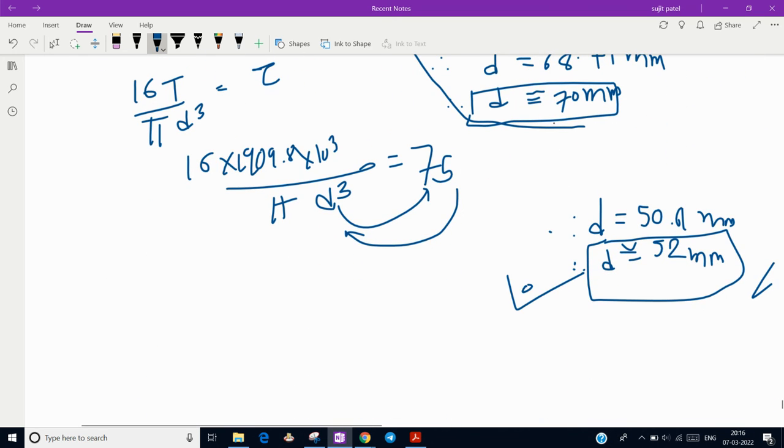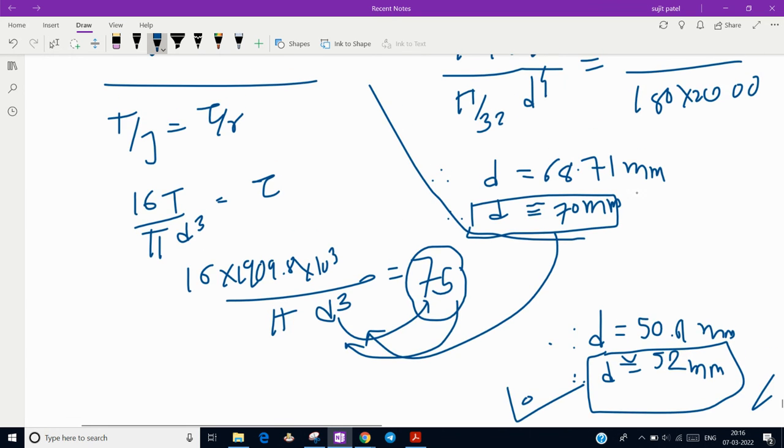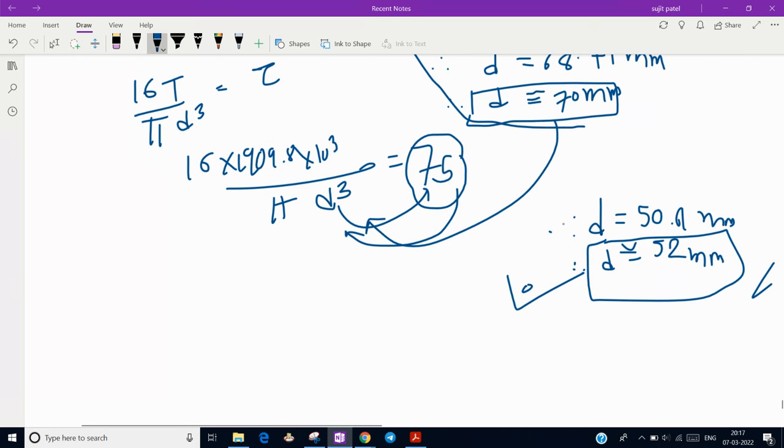Why? Because if you put the 70 mm diameter over here, then it will exceed the maximum shear stress value. For the factor of safety purpose we have to consider 70 mm diameter, not 52. Sorry, it's my mistake. We have to consider 70 mm diameter. Why?